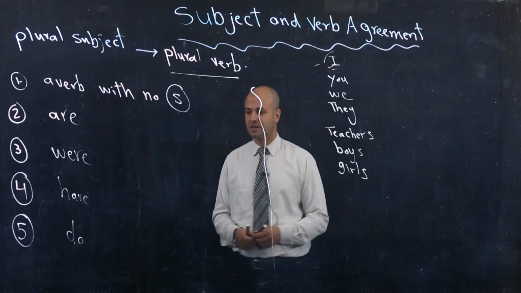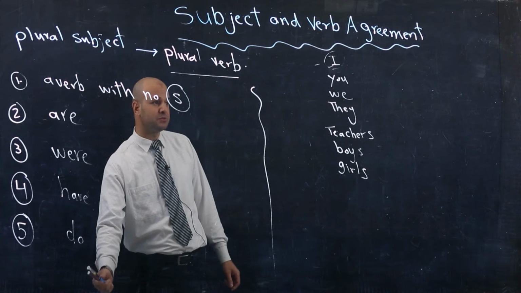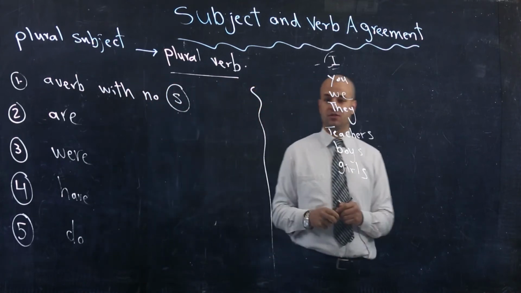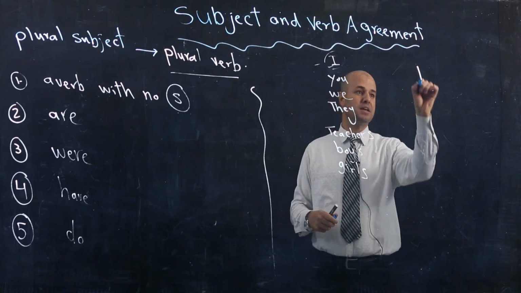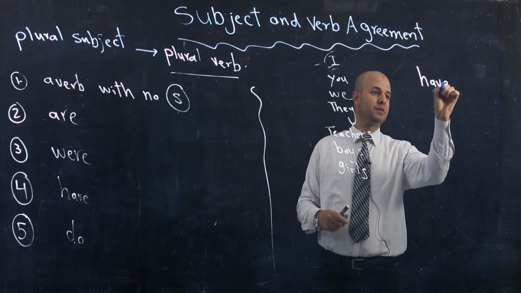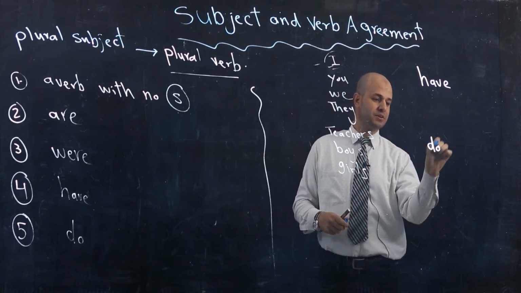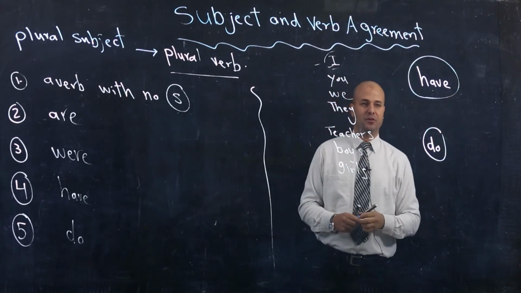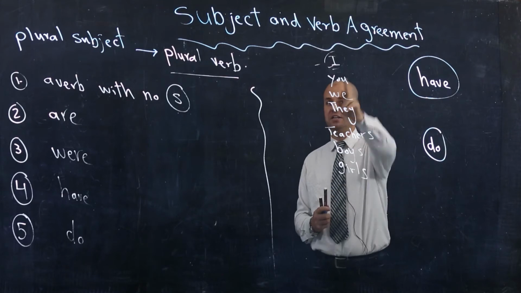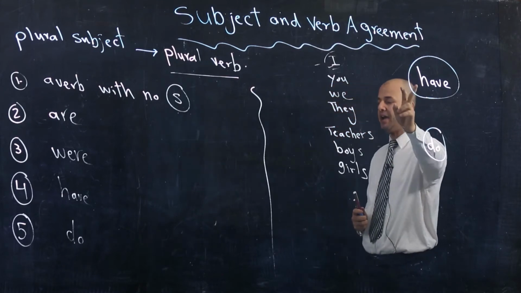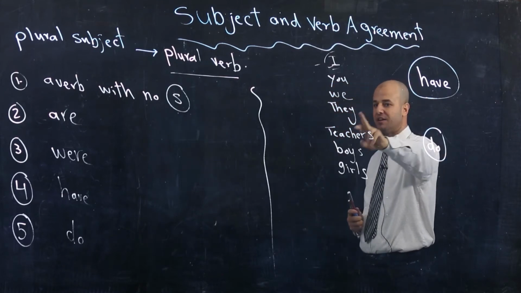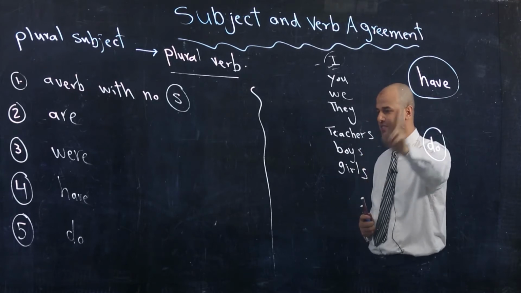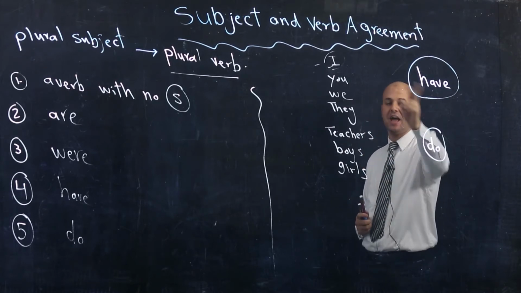Right? Yes. So have and do, they bring plural subjects. The same subjects come before have and do. I have, you have, we have, they have, teachers have, boys have, girls have.